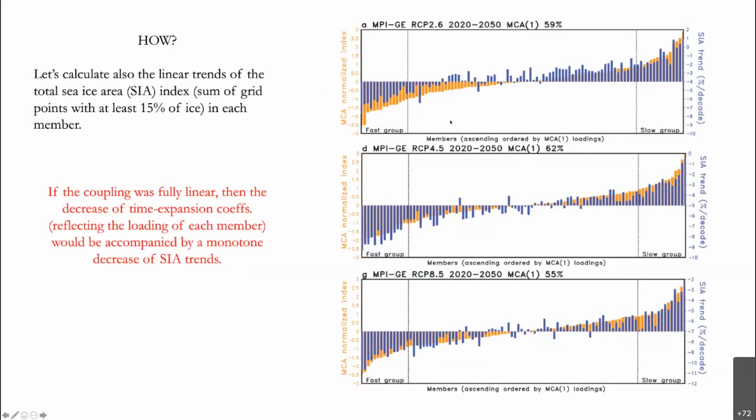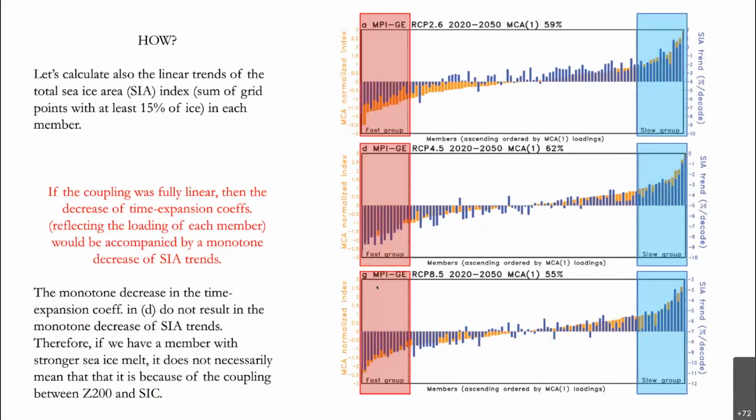But in the middle scenario, there are some members with decreasing loading in the coupling based on the MCA, but those members' sea ice area trends still show pretty good melting. So it's not decreasing monotonously. And this can give us a hint that the coupling between Z200 and sea ice is not fully linear, because there might be some other processes playing a role in the coupling.